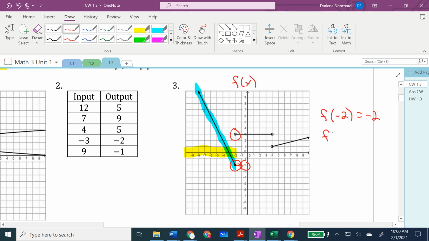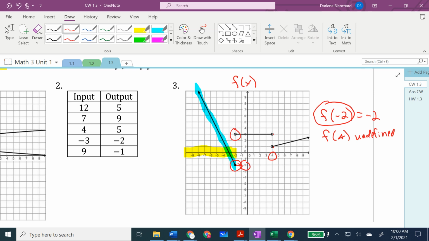If I asked you what f of 4 is, you would have to say that it is undefined because it doesn't have a closed circle on either of these two places. So to be a function, the answer to each of these outputs for any x coordinate is either one single answer or undefined, and then it's still a function.